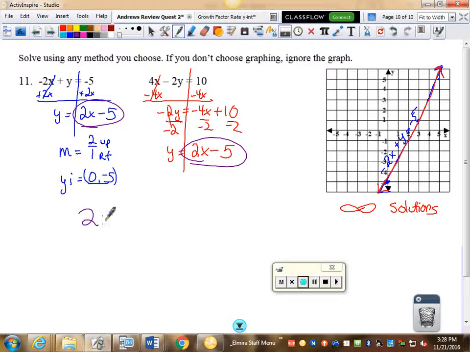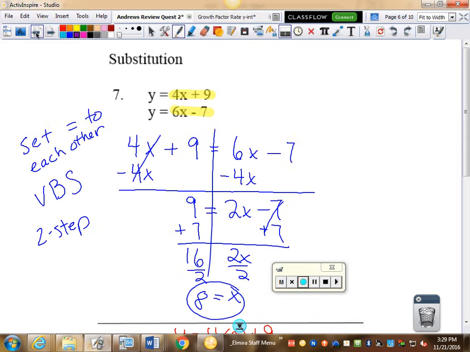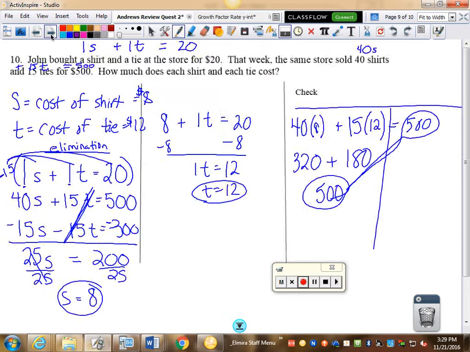I could do that. 2x minus 5 equals 2x minus 5, and do variables on both sides. Now in this case, guys, infinitely many solutions, my two sides are equal, so I can't really follow through with that. But pretend that you could. Then you'd be solving this just like this question, where my two y equals mx plus b's are next to each other. So you could do that.